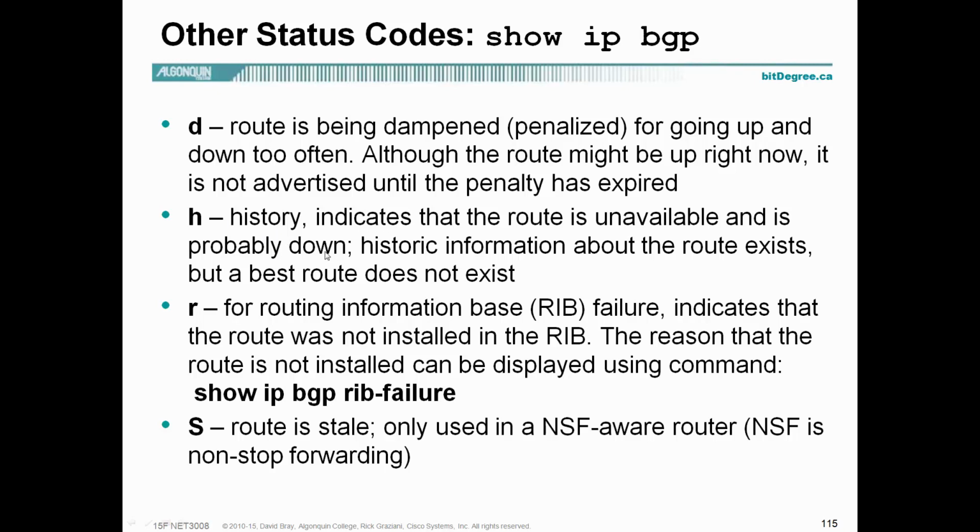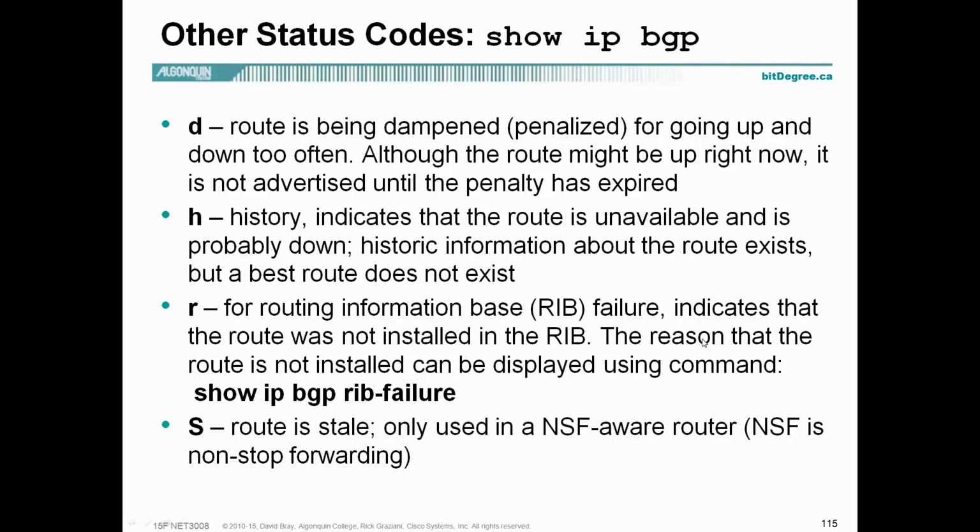H means history, so that means that the route is not available. It's probably down, but there's some historical information and we're going to keep it just for some period of time. So there's no best route, it's not being advertised. R means that this routing entry is not being installed into the routing table. So this is what we mean by a rib failure.